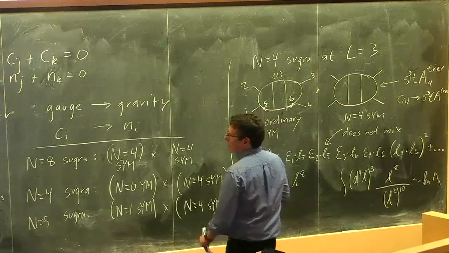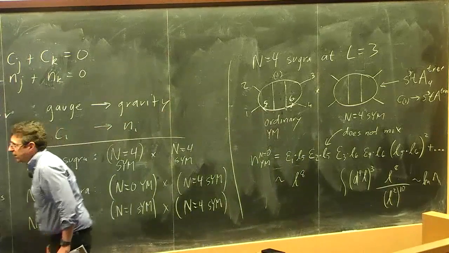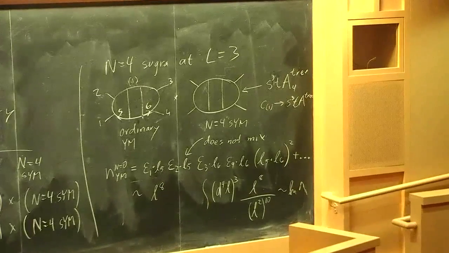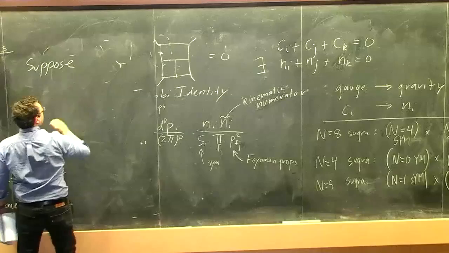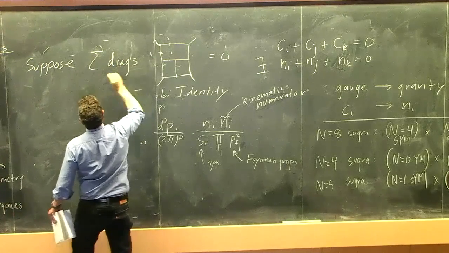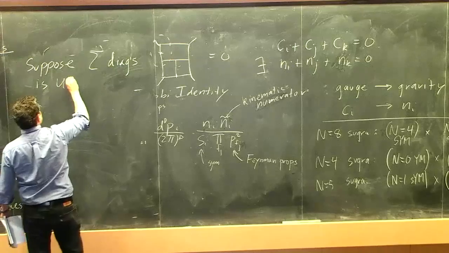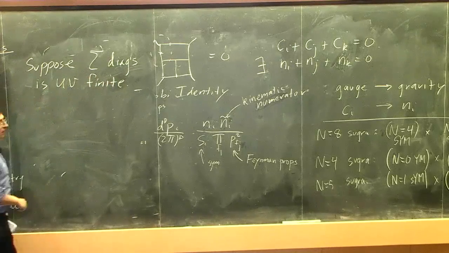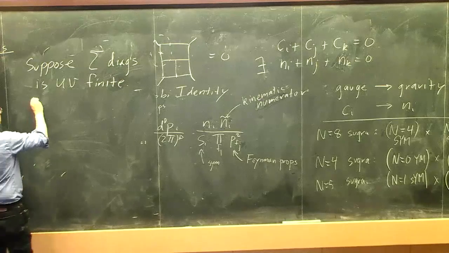So let's just say that this amplitude happens to be finite, which of course it will be. I mean, we know, but let's just say, suppose the sum over the diagrams is finite, is UV finite. That's a curious phenomenon, but let's give it a name. So we'll call that an enhanced cancellation.